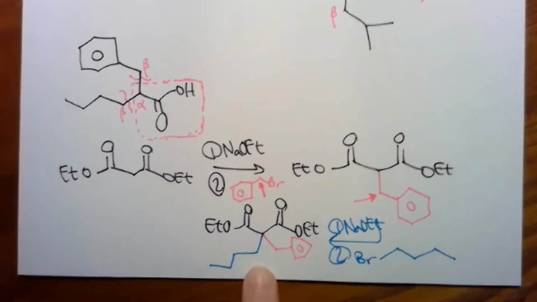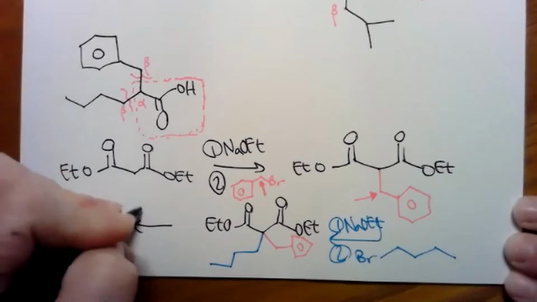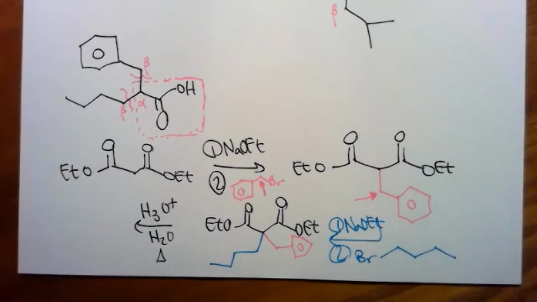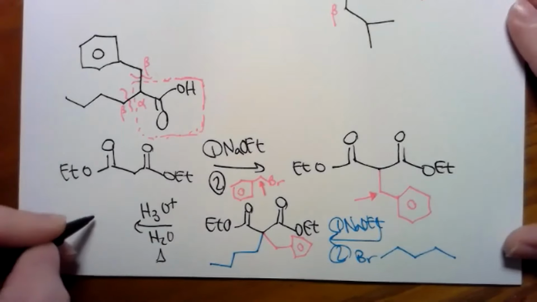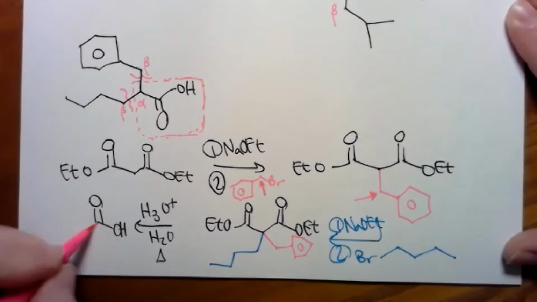And this is my product, except I need to saponify, acidify, and decarboxylate. Saponify means hydrolysis in base. Is base the only way to hydrolyze? No. In fact, if you add acid, water, and heat, that can take care of turning the esters into acids, and it will leave you protonated in the end.